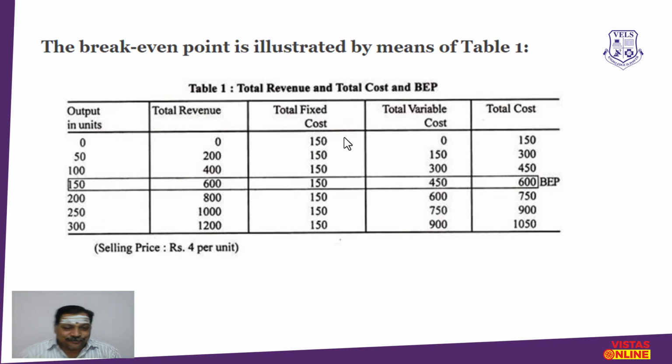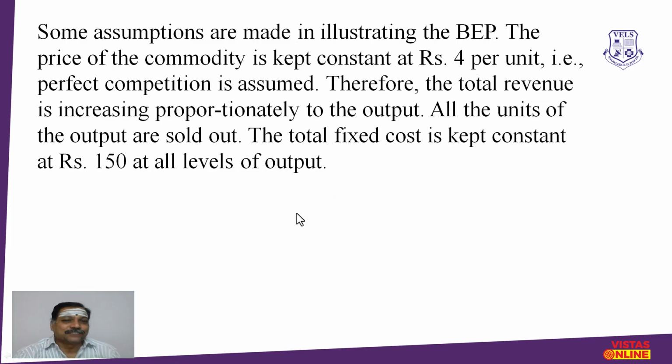Likewise, it is increasing. If you see the table, at 150 units of output, the total revenue is 600 and the total cost is also 600. At that level of output, there will be a BEP, that is the break-even point. This is the easiest explanation.